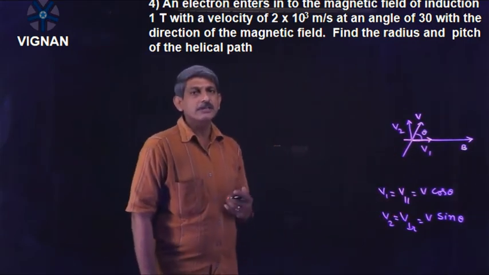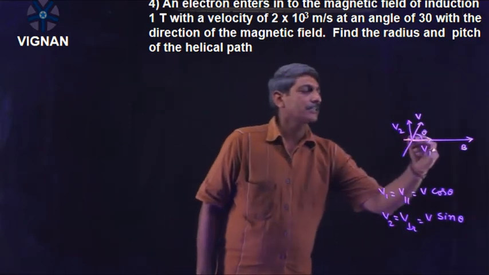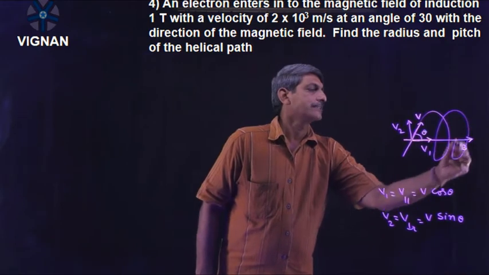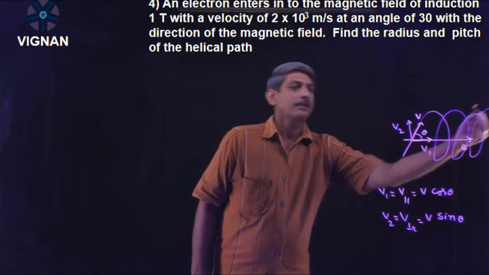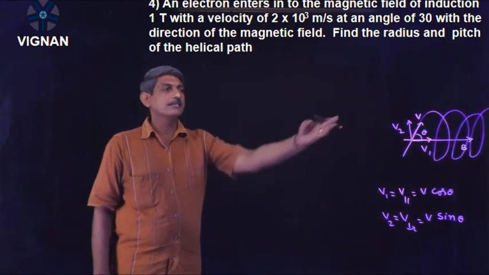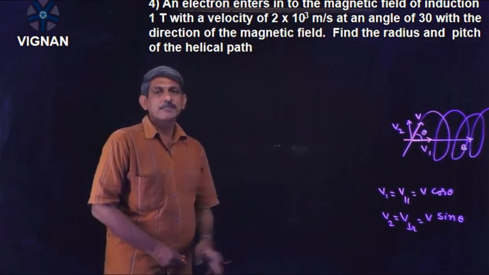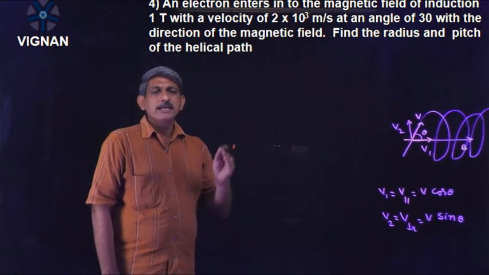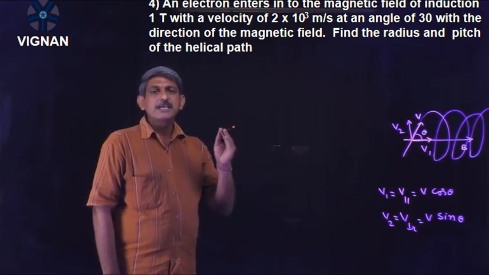As a result of that, this charged particle describes the helical motion like this. It describes the helical structure as shown in the figure. For that helical structure, we want to determine the radius and pitch of the helical path.